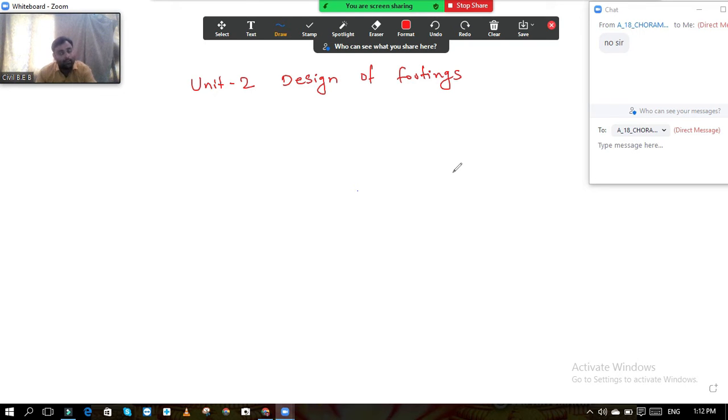The dimensions of the column are small, the standard dimensions. So if you try to transfer the huge load of the whole structure to the ground through that column, there will be the action of punching shear, which is called two-way shear. The column will try to punch through the soil.